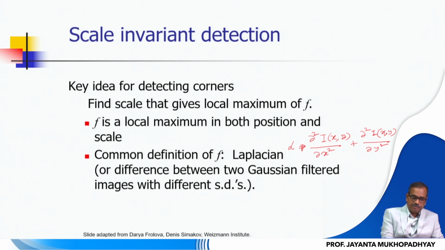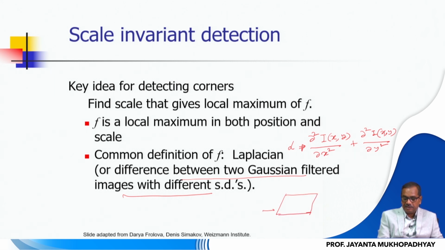Or what we can do is take the difference between two Gaussian filtered images with different scales. In the scale space representation itself, in the Gaussian pyramid representation I mentioned earlier, I have an image at a particular resolution, then I filter this image with a Gaussian filter of a certain scale sigma.